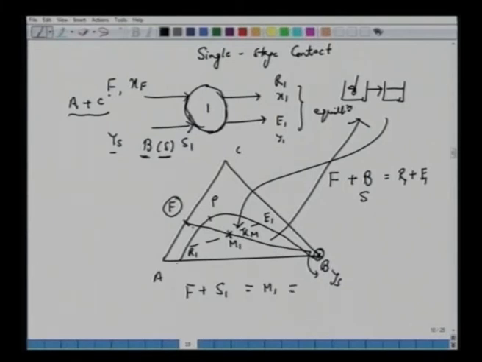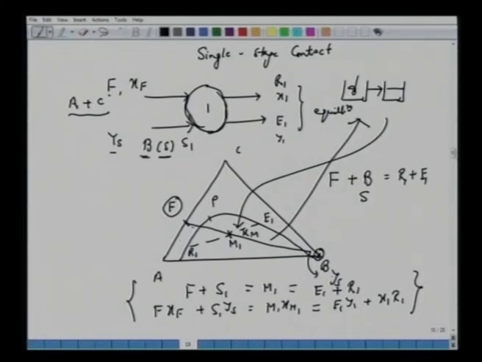But when you allow them to settle, now you have E1 plus R1. And you have species balance. F into XF plus S1 into YS will be equal to M1 into XM. So that's a mixing. But when you allow them to settle, they will separate as E1, Y1 plus X1 into R1. So we have similar situation.